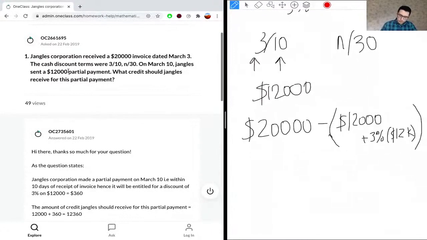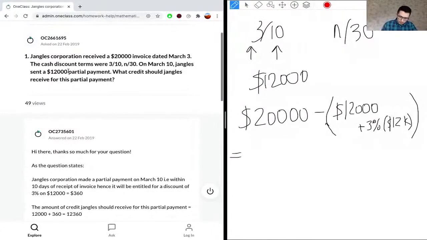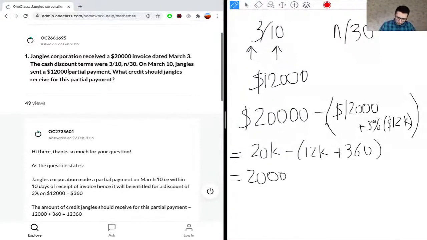Calculating this, 20K minus 12K, with K meaning 1,000. So 20,000 minus 12,000 plus 3% of 12,000, which is 360. So here, 20,000 minus 12,360.